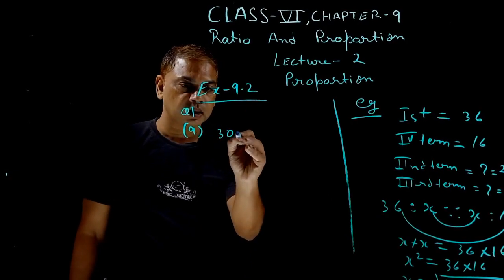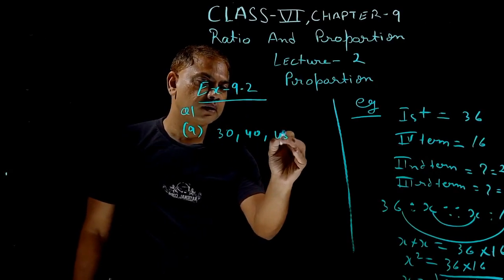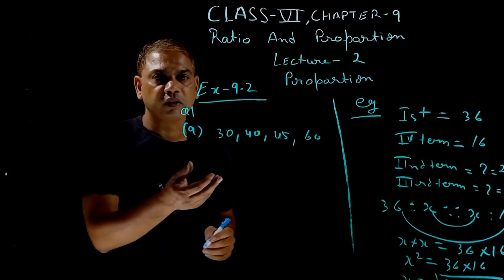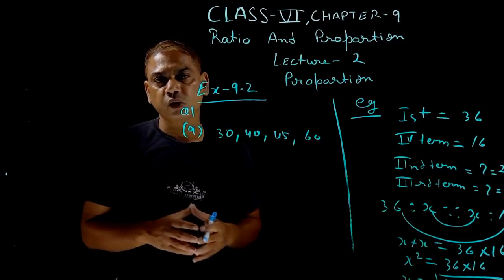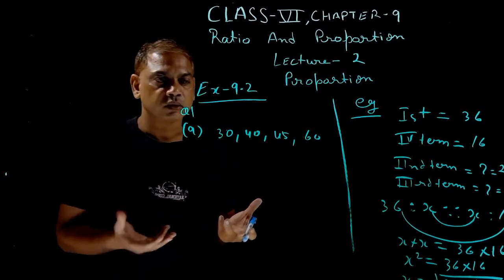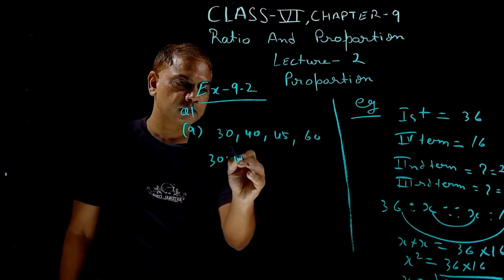First question is 30, 40, 45, 60. So we will check whether the product of means is equal to the product of extremes. If they are equal, then we can say that the given numbers are in proportion.